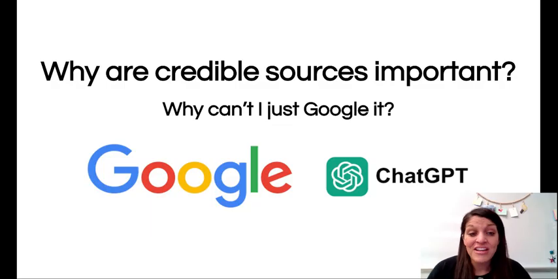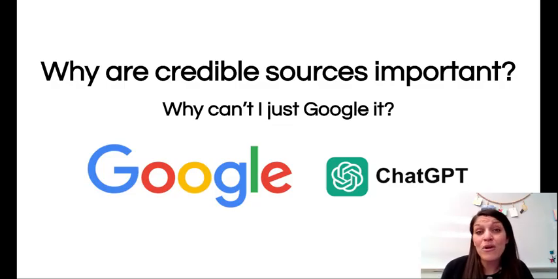ChatGPT and other AI models are large language models, meaning they are just pulling information from all over the internet, especially those popular sources, and compiling it into what looks like credible and academic research, but it could largely have misinformation. It's not authored by a person, it's not vetted, it's not necessarily backed in credible research.